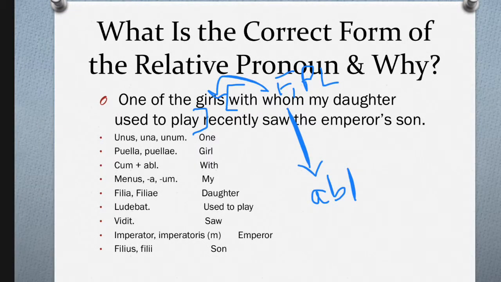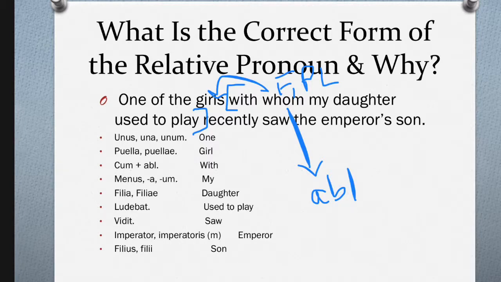In this sentence, the relative clause is with whom my daughter used to play. Although whom is usually going to begin the clause, we have to understand that if a preposition comes in front of it, the relative clause will begin with the preposition. The antecedent of whom is girls.